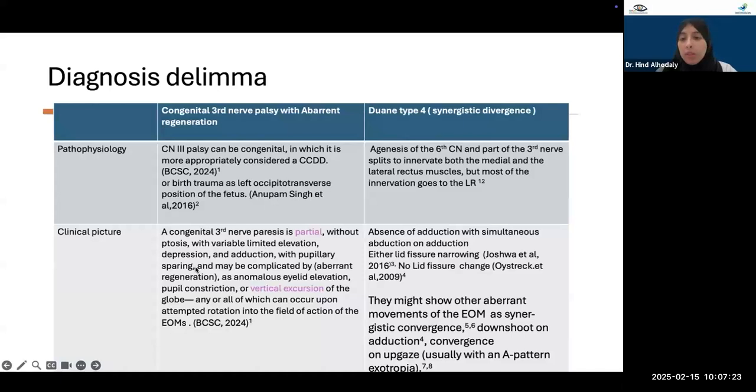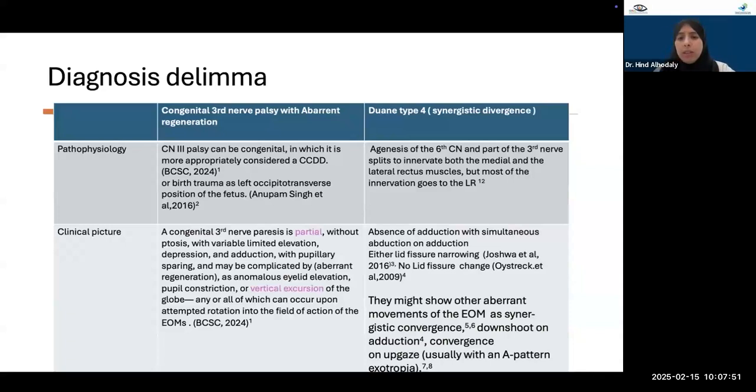The clinical picture in congenital third, usually partial, can be without ptosis, with variable limited elevation, adduction, and depression, and can be pupil sparing, and can be complicated with anomalous aberrant regeneration, lid elevation on adduction, pupil constriction, or vertical excursions of the globe.